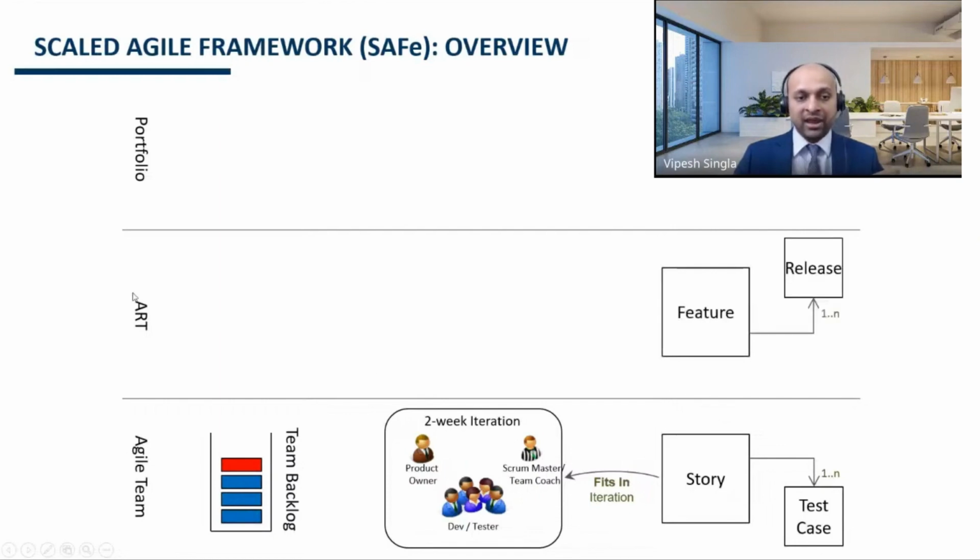Features. At ART, Agile Release Train level, the customer needs or requirements are captured as features, and each feature may require 1 to n releases to be delivered. The Agile Release Train level requirements are captured in the Agile Release Train backlog. Again, the Agile Release Train backlog has blue features and red features.